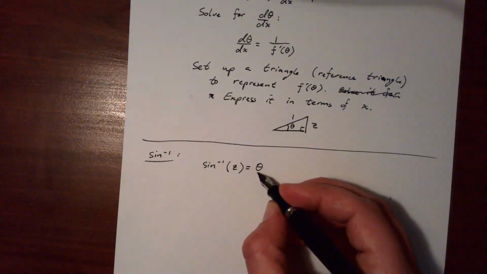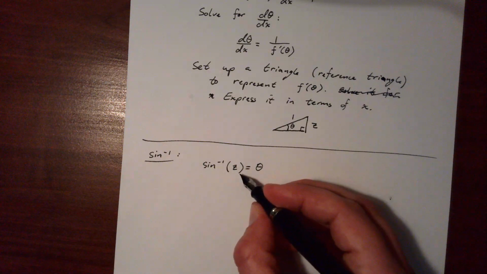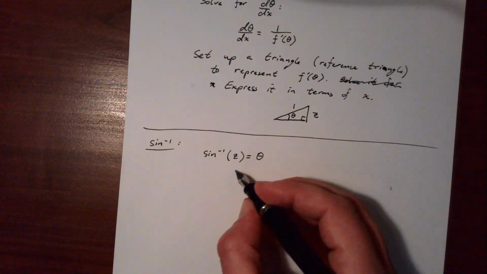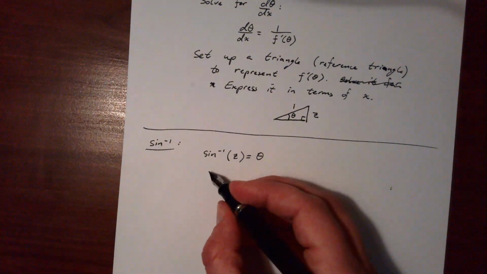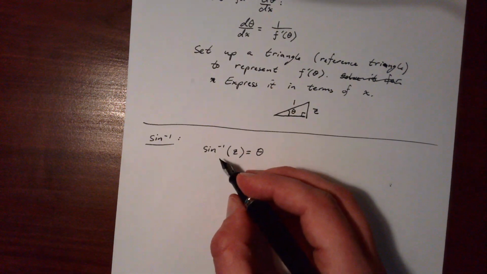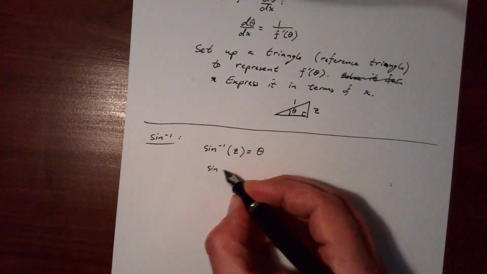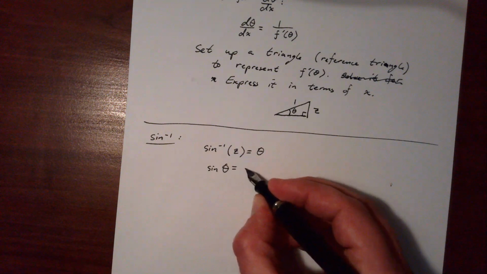Okay, so this is the equation that we'll be using as our starting point here. But it is not convenient for us because we don't actually know the derivative of arcsine yet. So what we can do is rewrite this as sine theta equals z.